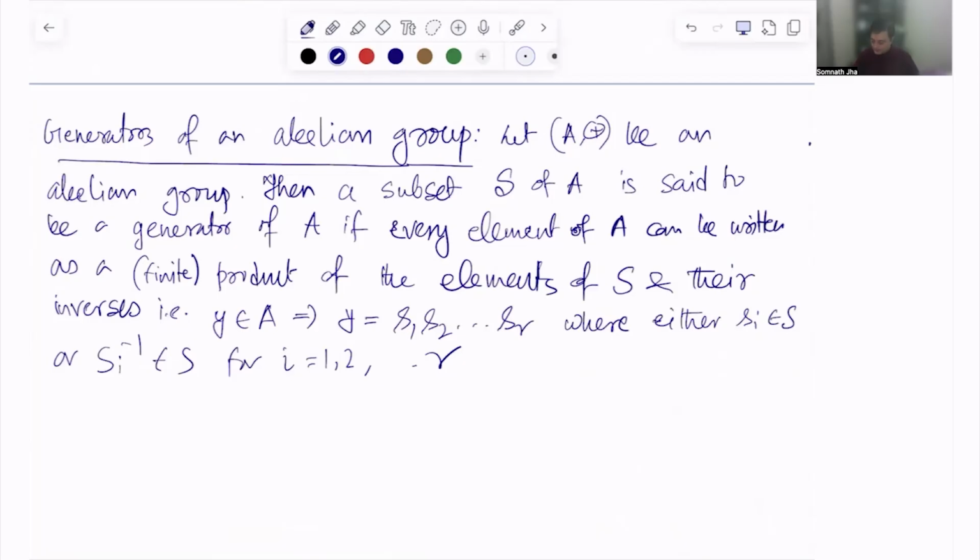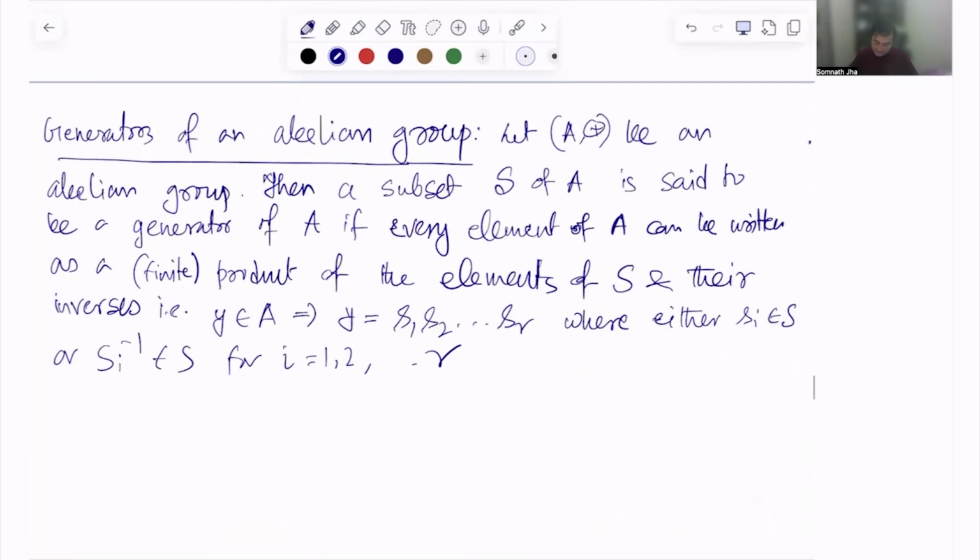We'll see more examples, then it will probably be a bit more clear. But if you understand the definition, then every group has at least one generator, namely you take the whole group, right? So that is also a generator, but that is like the largest possible generator in some sense. Of course, more interesting would be the minimal set of generators.